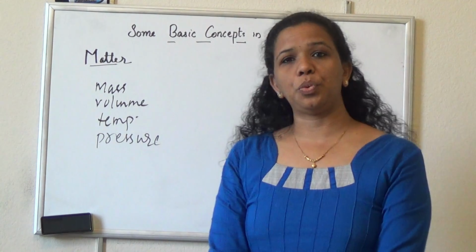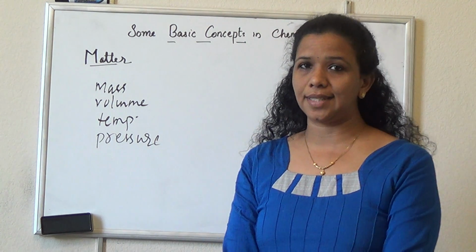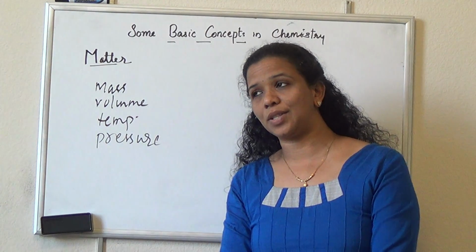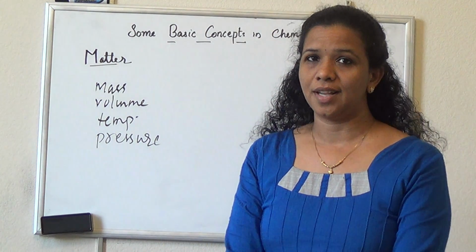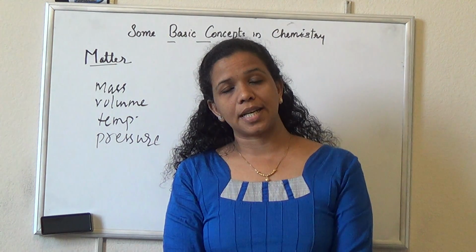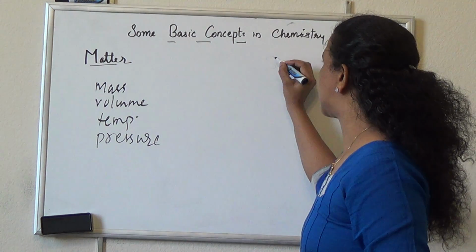Initially we used two different unit systems: one introduced by the English, called the English system, and another one, the metric system, used by France. But later the scientists introduced an international system of units, that is called the SI system of units.